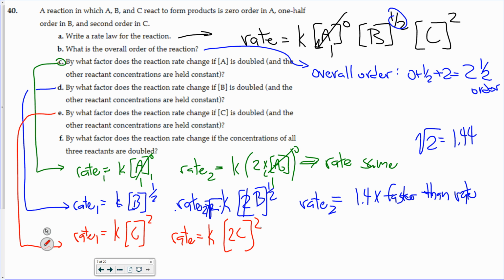To get them the same, I need to factor this 2 out to the other side. So take the 2 out, but the square has to come with it. So 2 squared is 4. So rate 2 would equal 4 times rate 1. So 4 times faster.